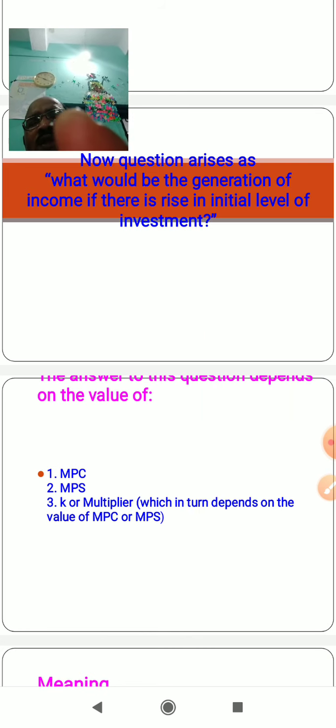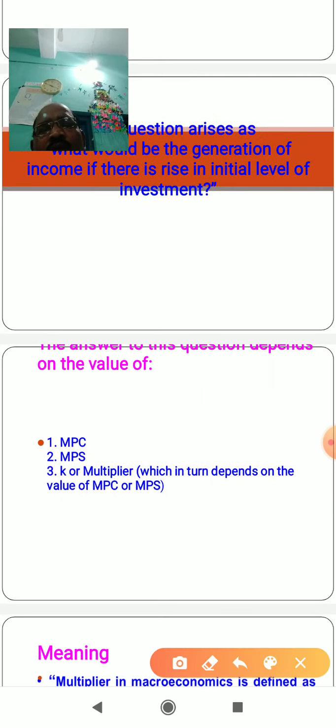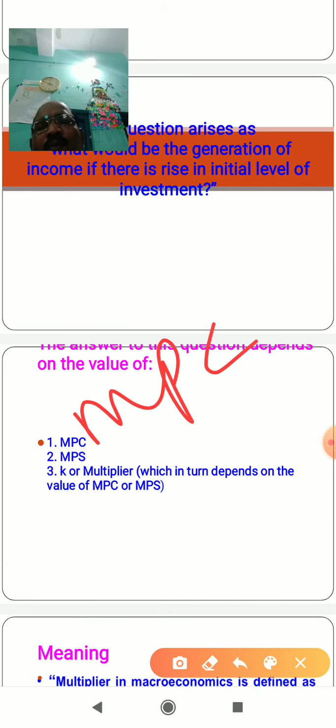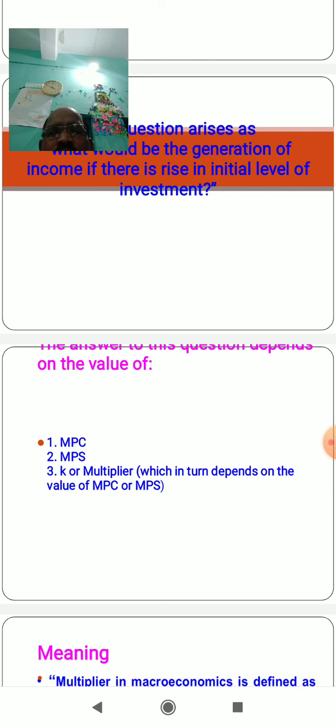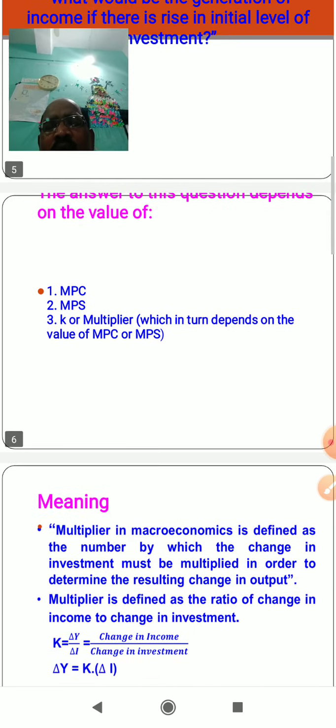And you know that MPC plus MPS equals 1. Then the multiplier, K, mainly depends on the value of MPC or MPS. What is the meaning of multiplier?